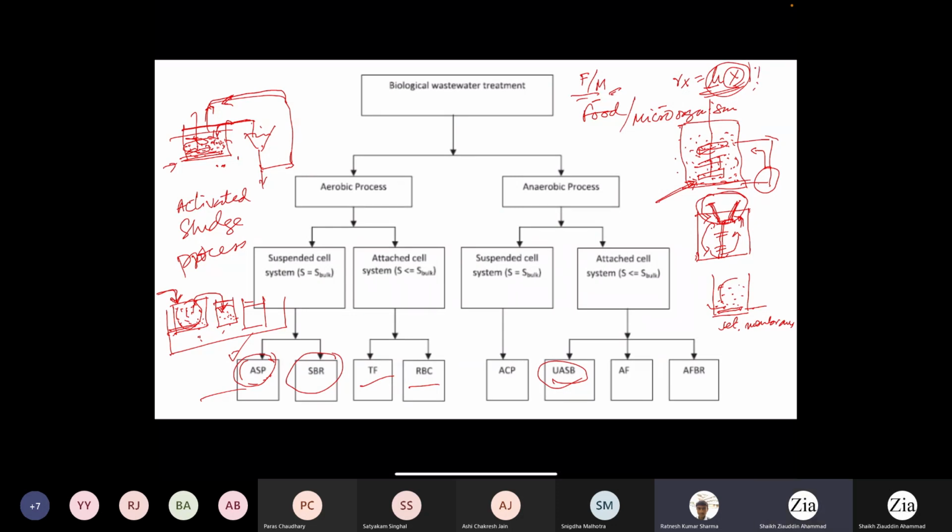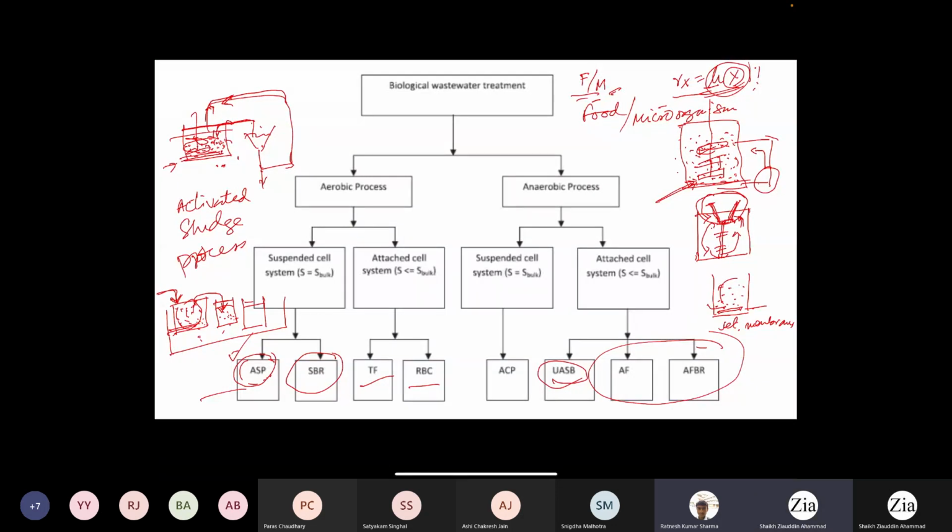And for that reason, in anaerobic reactor systems, we prefer to use the attached cell system because you get higher biomass concentration. Essentially, even if you have very low mu, the X concentration is still quite high. That's why you get reasonably good reaction rate or conversion of your substrate.